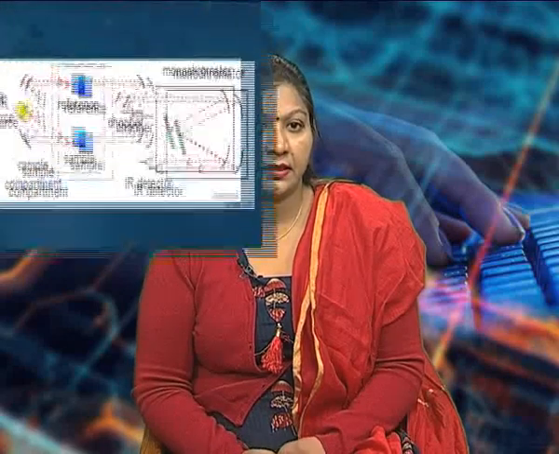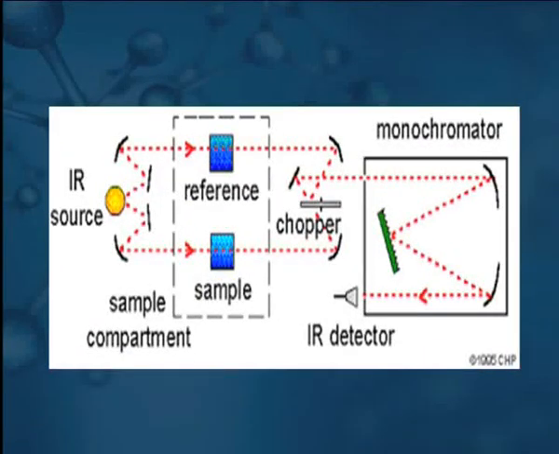The recorder is used to record the IR spectrum. That may be the printer or the display unit. These are the basic parts of the infrared spectrophotometer.